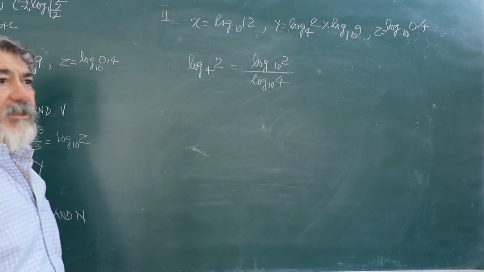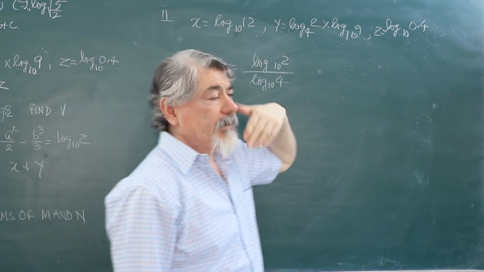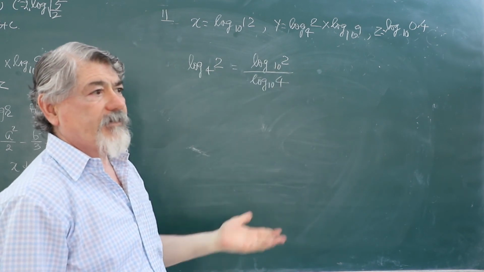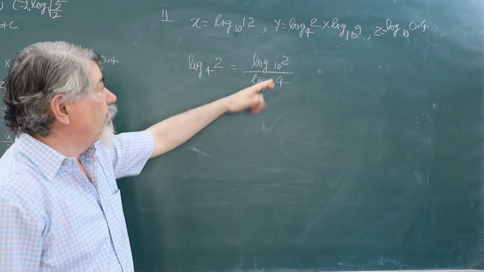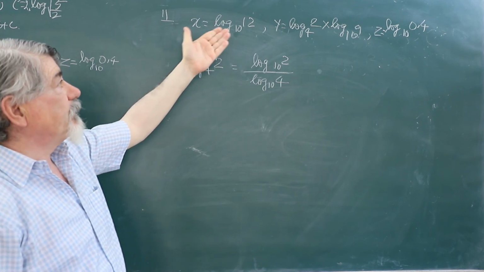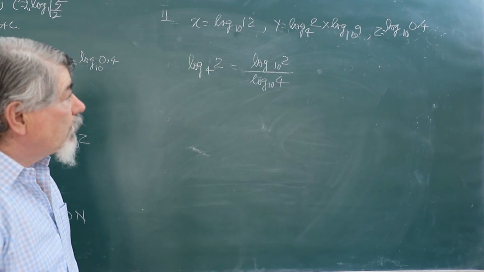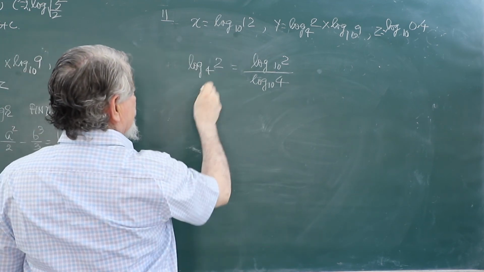I prefer to change it to the base 10 because everywhere it goes to the base 10. Instead of base 10, I can write 5 or 7, any one. The formula is log 2 upon log 4 to any base you want to convert. I am converting it to base 10 because in my question everything is given in terms of log to the base 10.